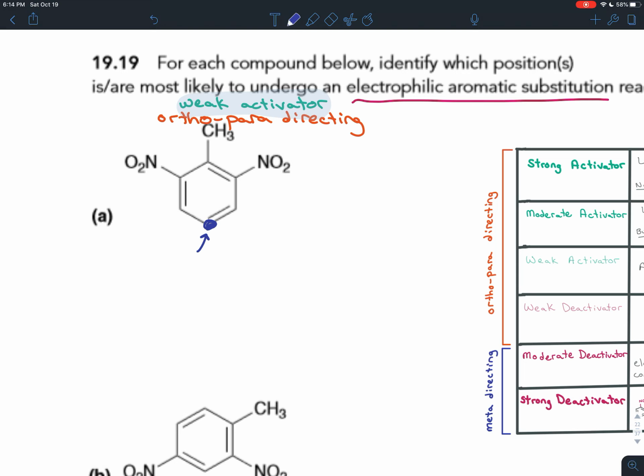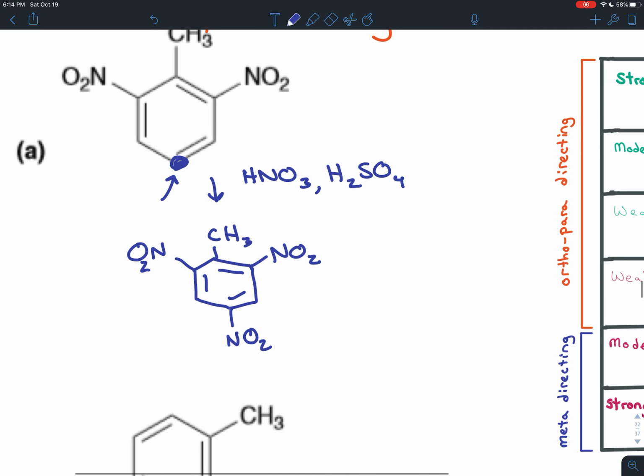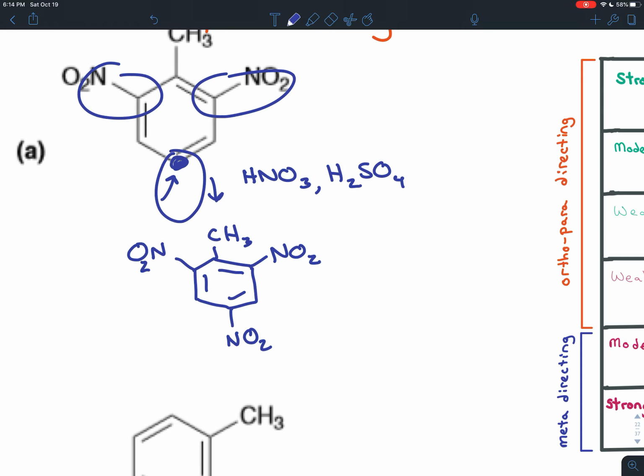So for example, if you treated this molecule with nitric acid and sulfuric acid, then you would get the NO2 group that you would add. That NO2 group would be added at the very bottom. And this molecule is actually TNT. So notice the ortho positions were already taken, so it adds to the para position.